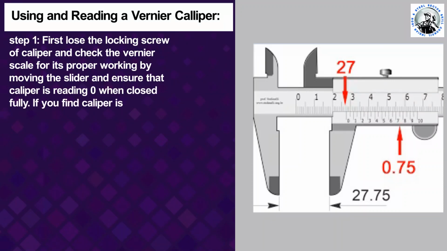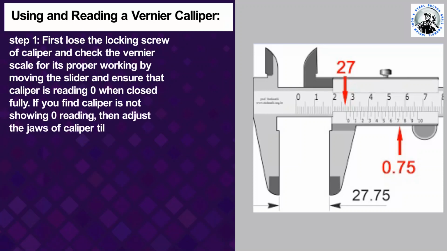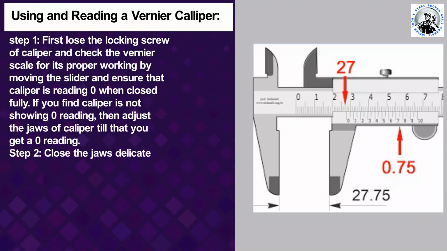If you find the caliper is not showing a 0 reading, then adjust the jaws of the caliper till you get a 0 reading. Step 2. Close the jaws delicately on the object which needs to be measured.